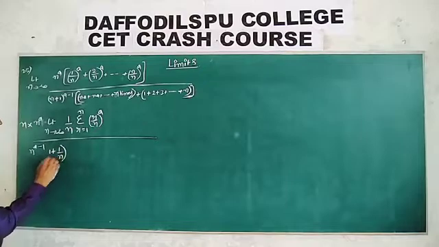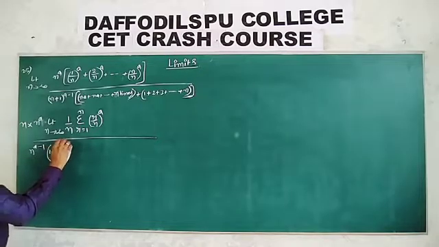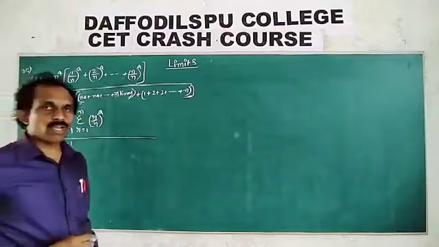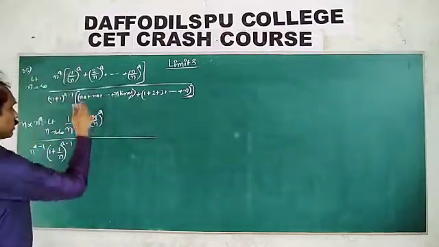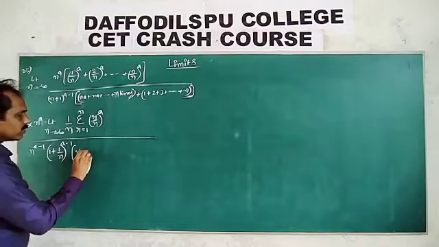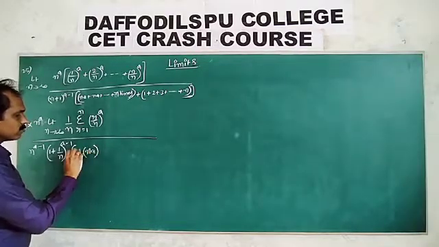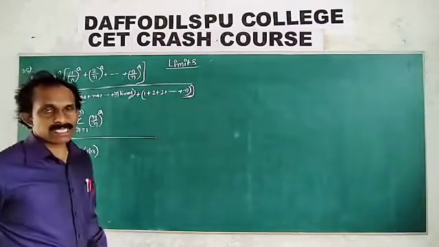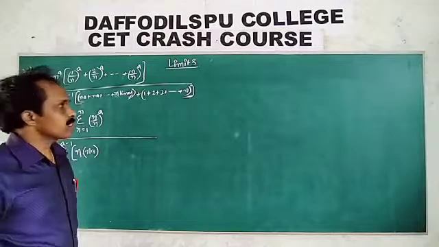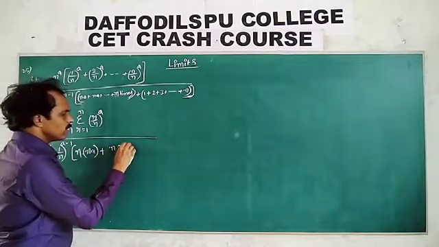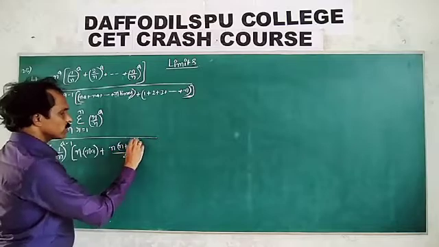This is (1 + 1 by n) whole power a minus 1. Plus n times na, so n times na means n into n a. 1, 2 plus and so on n is the sum of the first n natural numbers, with formula n into (n+1) by 2.